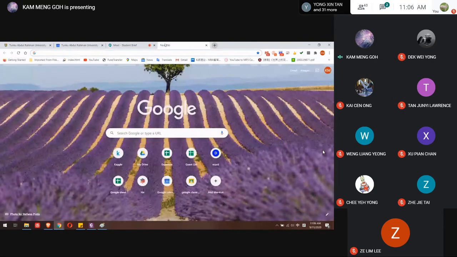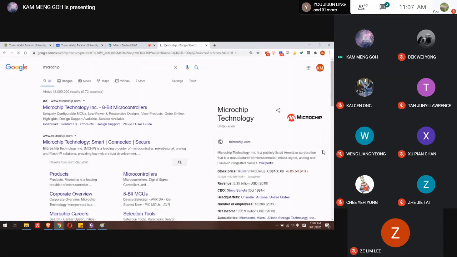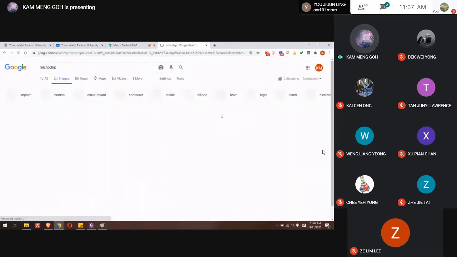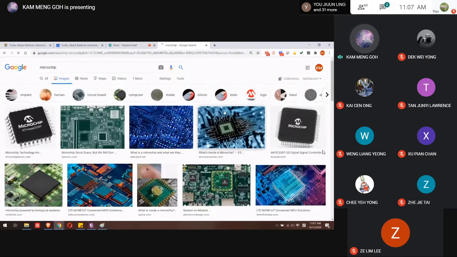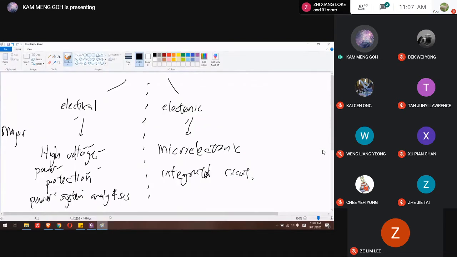Those things that you can find in your computer or in your handphone, all are microelectronic. Even the most simple chip, chip 555, is also under microelectronic. And you learn all the integrated circuits and embedded systems.